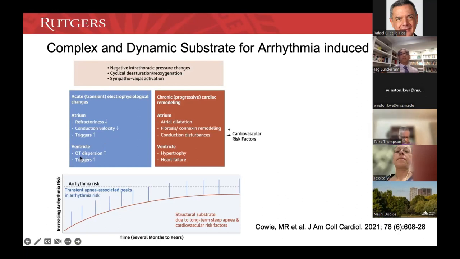Similarly, with the ventricles, increase in QT dispersion and increase in triggers from the hypoxia. And then chronically, because there's remodeling of the atria, there's dilatation and fibrosis, there could be conduction disturbances, and ventricular hypertrophy leading to heart failure subsequently can also lead to an arrhythmia risk.